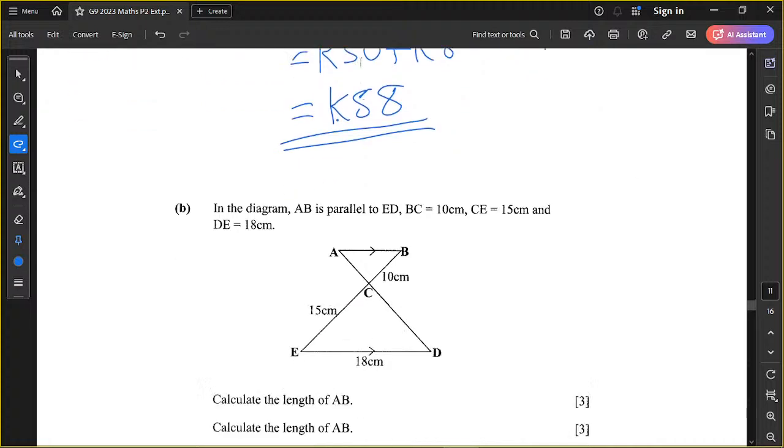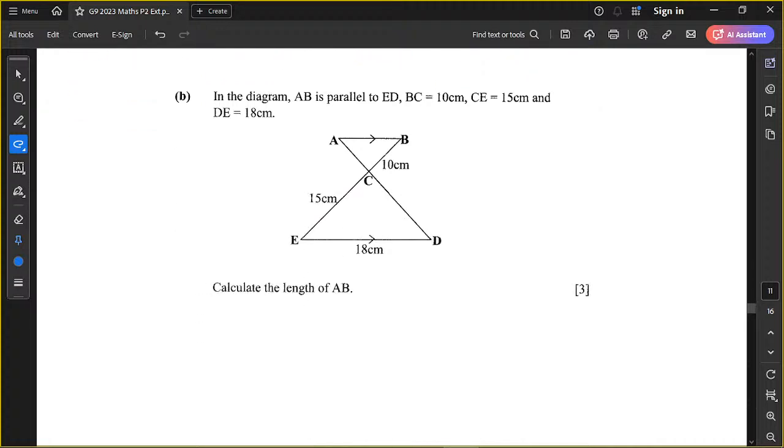Okay, we come to question 6b, which is in the diagram, AB is parallel to ED. So this line AB is parallel to ED. BC is equal to 10 centimeter, which is this line.